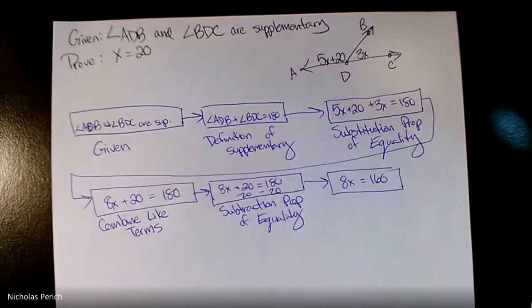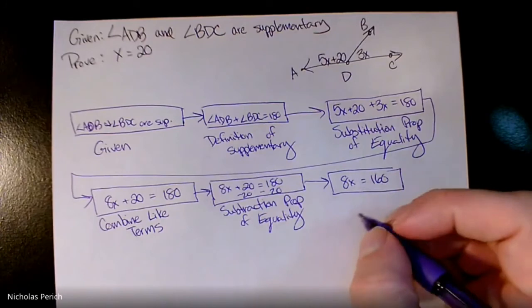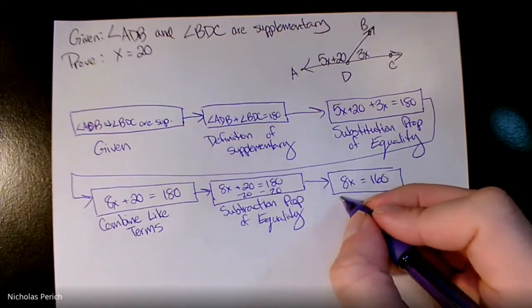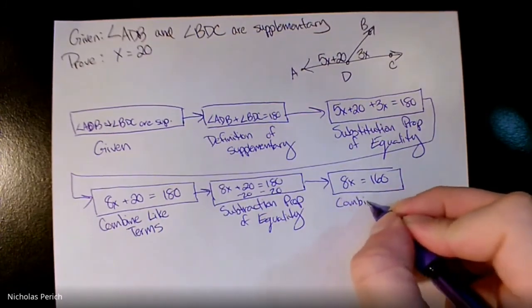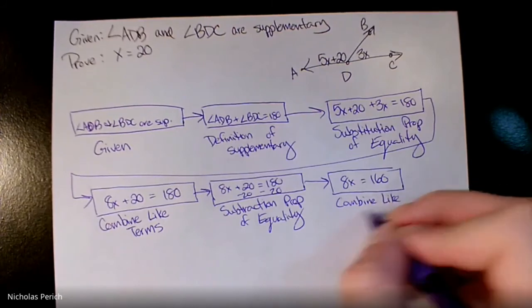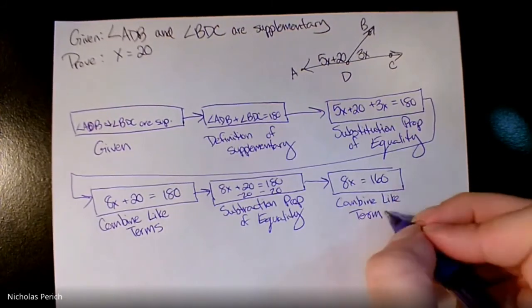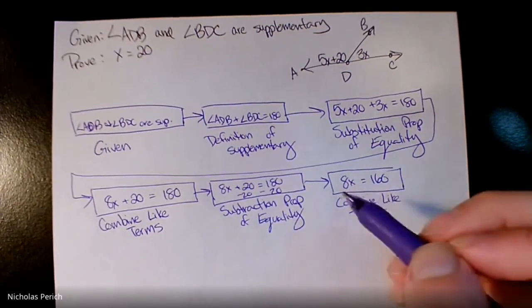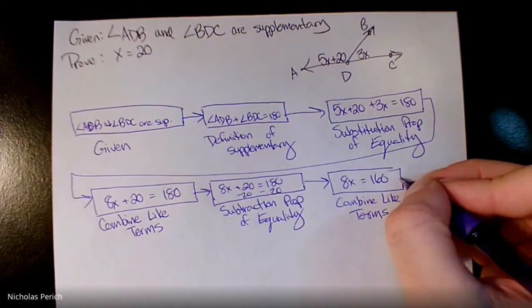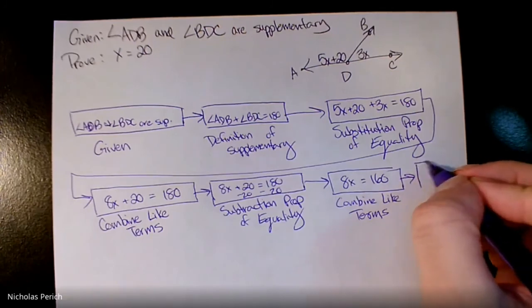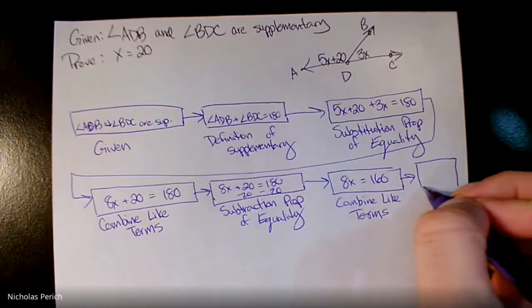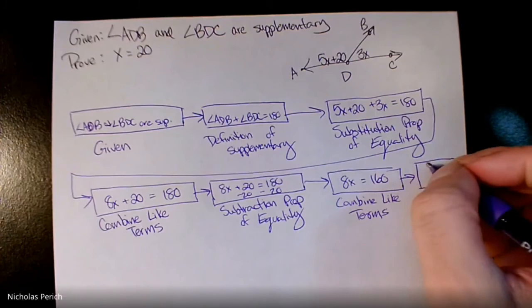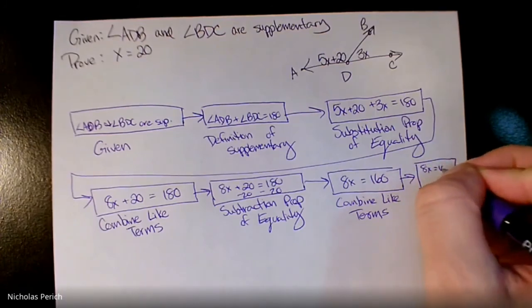Now, let me move up. All right, I just combine like terms again. When I subtract 20 and subtract 20, and then I actually do the math, I combine like terms. What do I do next to both sides? Write it out quick before I do it. Divide. Good, Paul. Divide 8 from both sides.